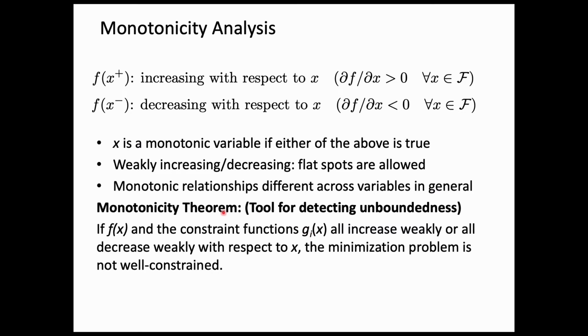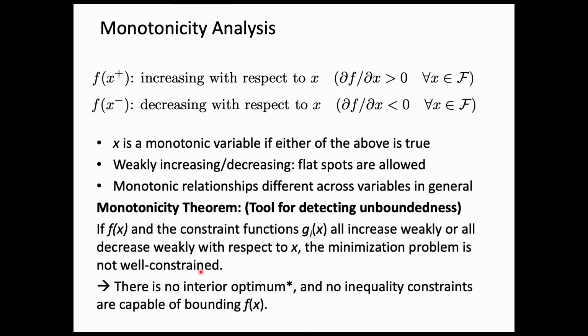So this allows for the definition of monotonic relationships where we can have flat spots. This is a less restrictive requirement, and this can very easily appear in engineering design optimization problems, especially if we have overlooked some sort of important constraint.